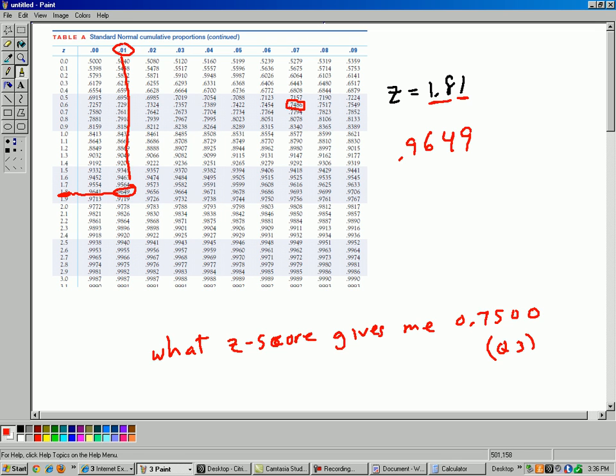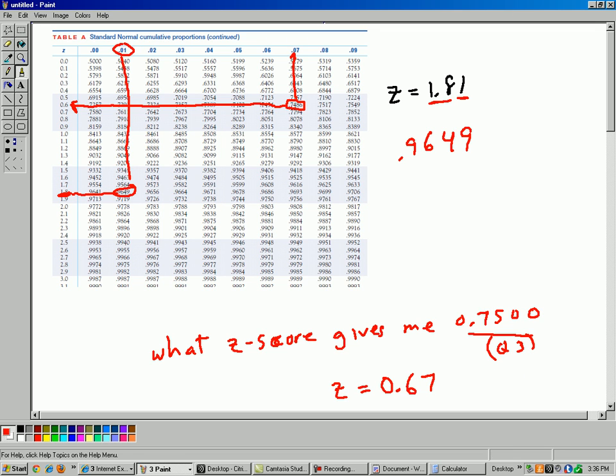So what is the z-score for that? Well, let's just look across here. That's going to be 0.6, and then look up 7. So 0.67. That's the z-score, which corresponds, at least from this table, as good as I can get, with 75%.